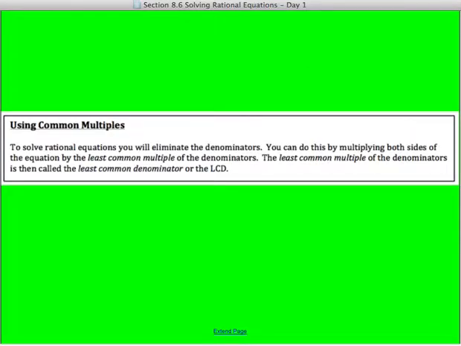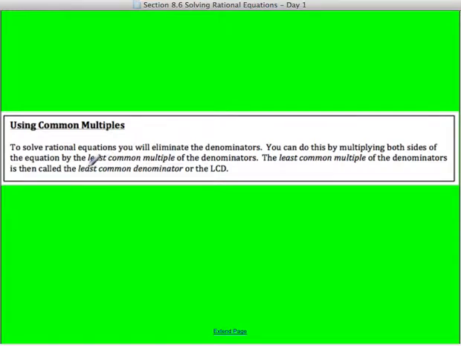So let's move on. We are going to be solving rational equations today, and in order to solve them we need to use common multiples. To solve rational equations, you will need to eliminate the denominators, which is good because you don't like to work with fractions anyways. You can do this by multiplying both sides of the equation by the least common multiple of the denominators.